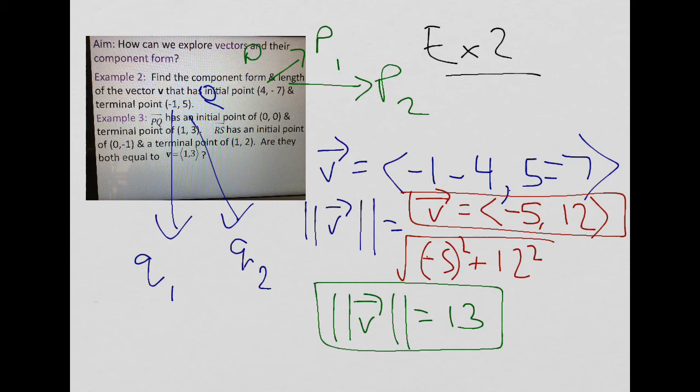Let's do example 3. Vector PQ has an initial point of 0, 0 and terminal point of 1, 3. Vector RS has an initial point of 0, -1 and a terminal point of 1, 2. Are they both equivalent to vector v, which in component form is 1, 3?